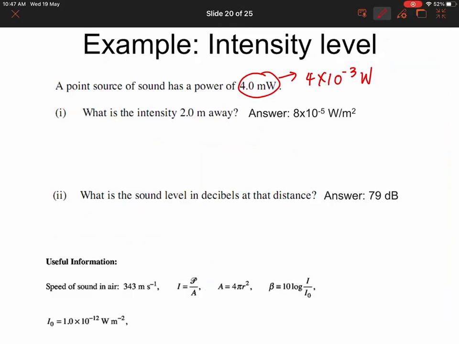And then the next question is, what is the sound level, the intensity level in decibels, at that distance, meaning 2 meters away? These are some useful information. This is power over the area.